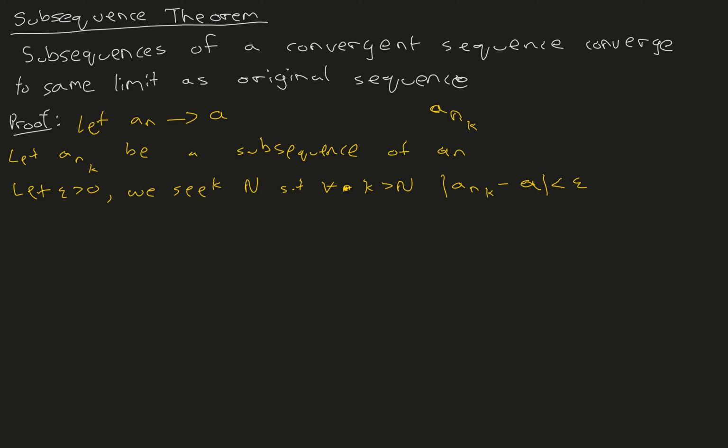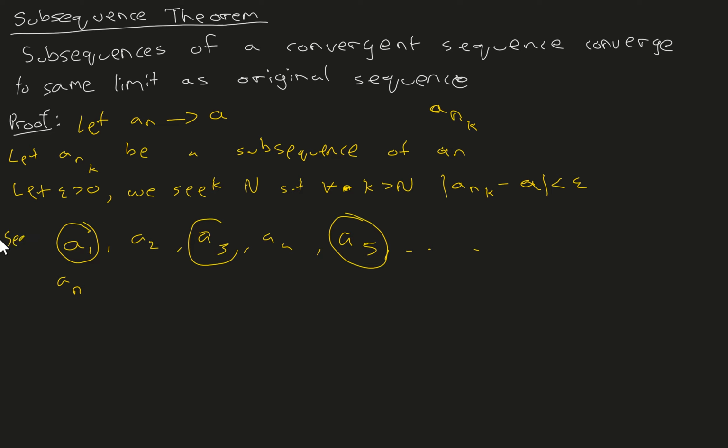Before we go with the proof of this, I want you guys to note that if we have the original sequence a1, a2, a3, a4, a5, and so on, and we choose a subsequence of this sequence such that we choose this term, this term, and this term, then we get the subsequence.